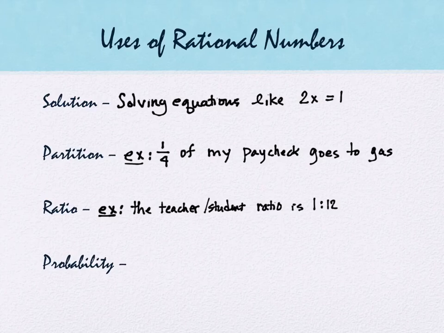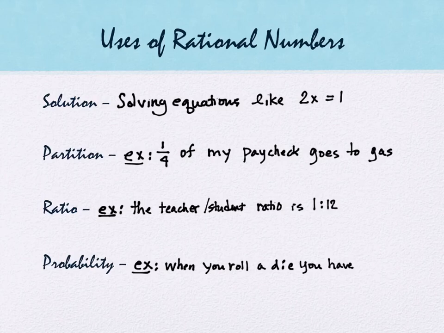The last one is probability. So here's an example of a use of probability. When you roll a die, just a standard die, you have a 1 out of 6 probability of rolling a 5. 1/6 chance, right?